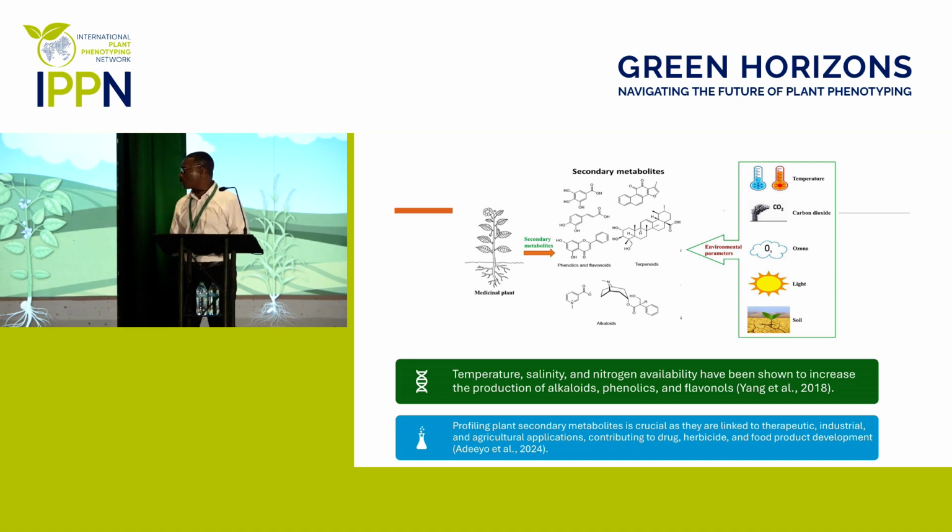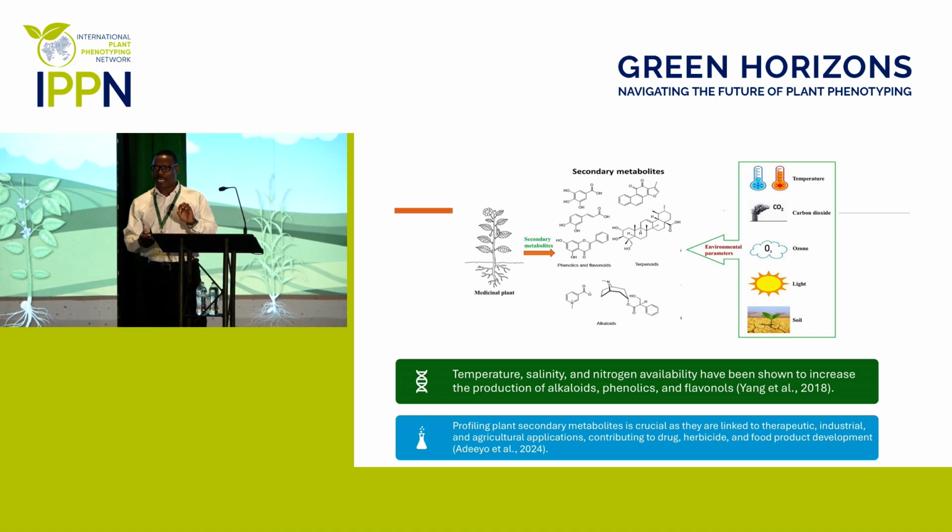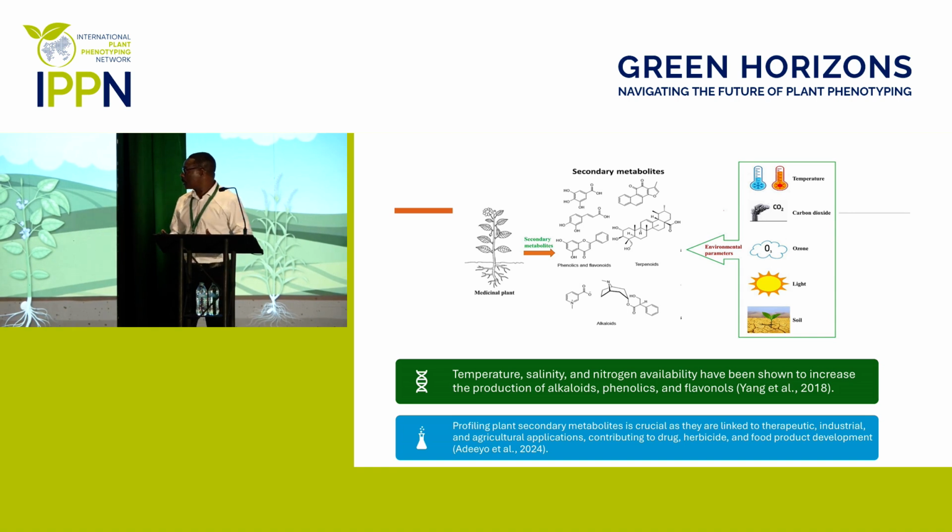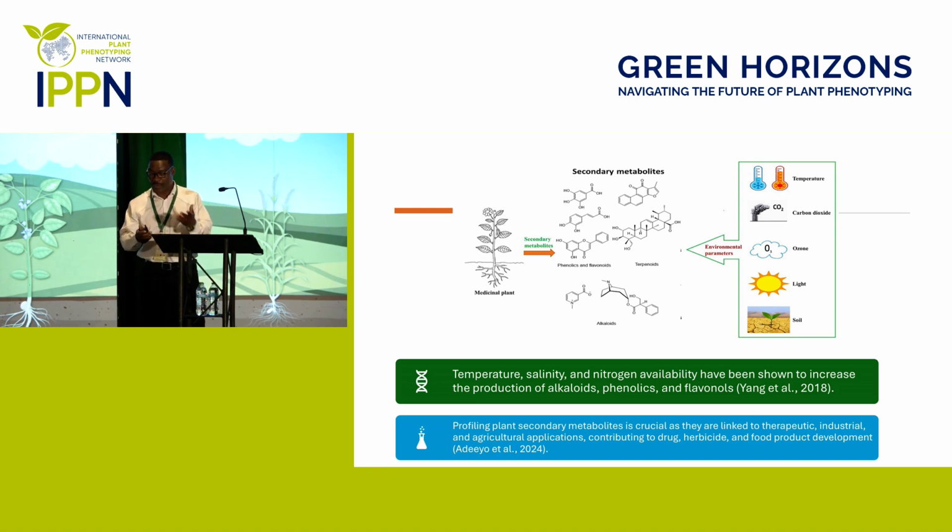They contribute to production of secondary metabolites. However, profiling plant secondary metabolites is very crucial. It has been shown that nitrogen availability increases the production of alkaloids and many other compounds.